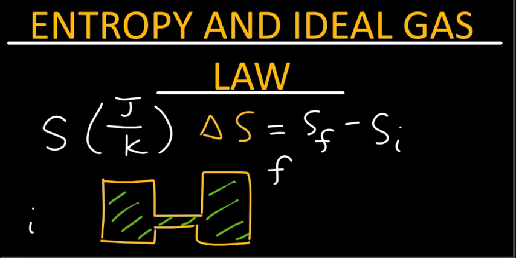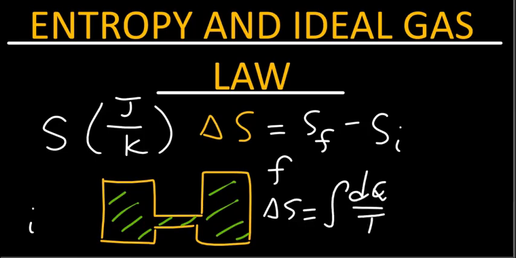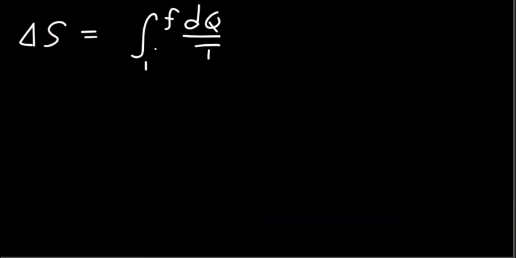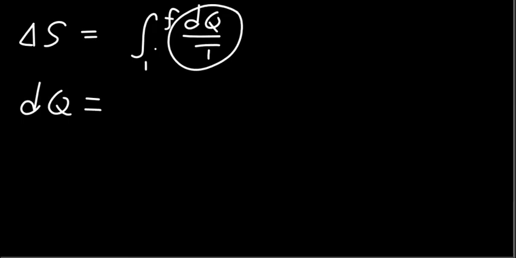Entropy change for a reversible process is given by the following expression: the integral of dq over T from an initial state to a final state. Now let's expand on this integrand. From the first law of thermodynamics, we know dq, which is the amount of heat added to a system, is equivalent to the internal energy change of that system plus the amount of work done by the system.